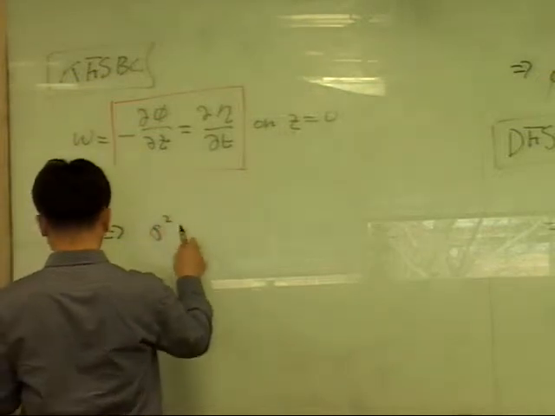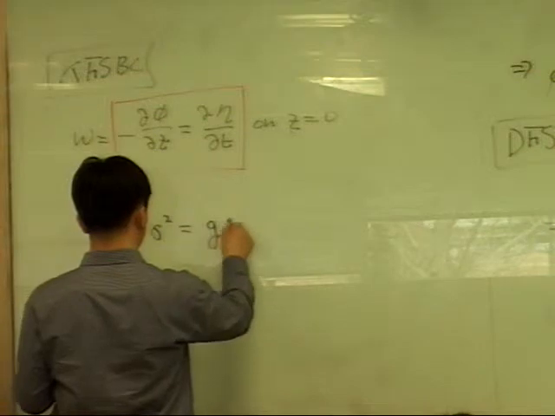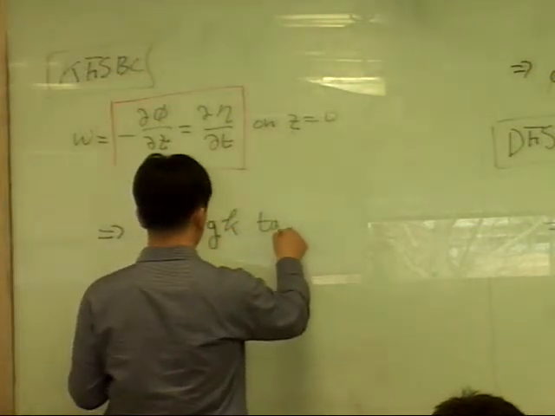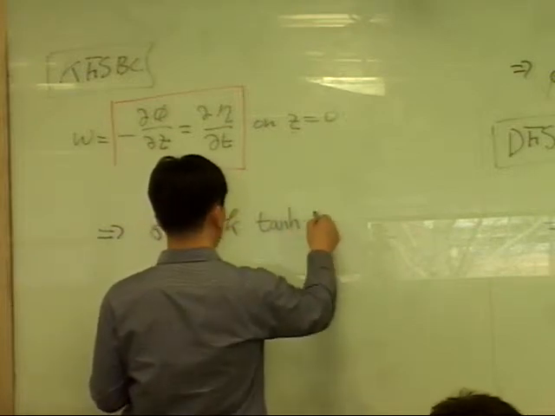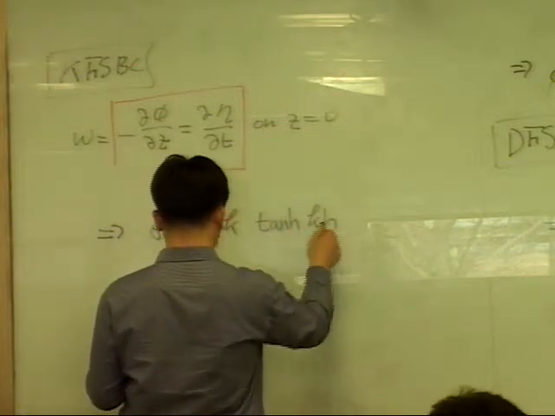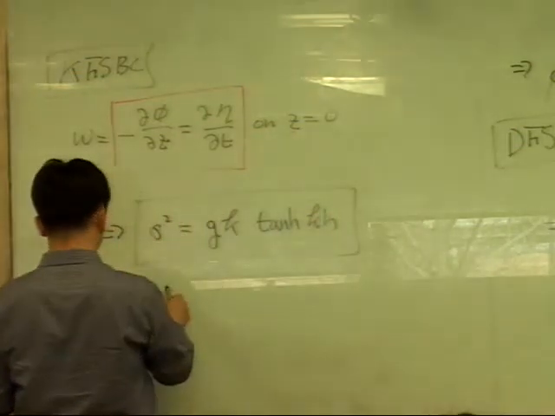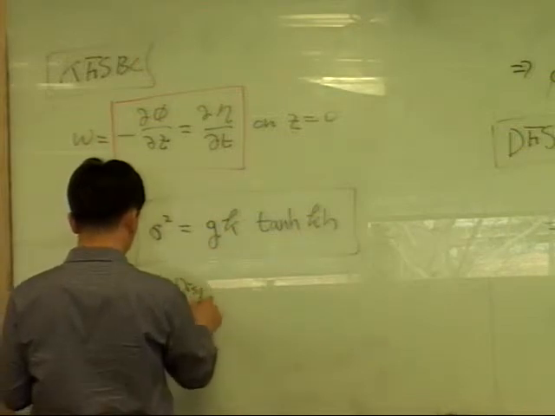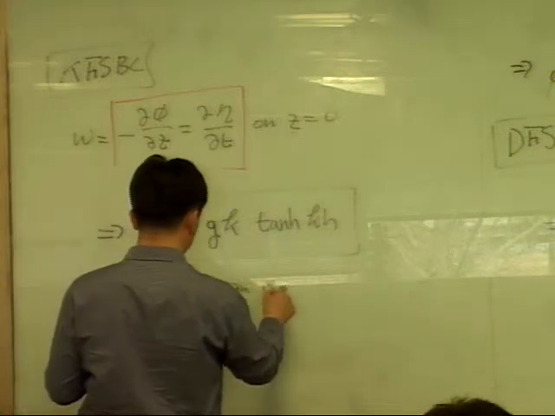Sigma squared, the frequency squared, equals g k, where k is the wave number, times hyperbolic tangent of kh. You are going to have this equation. The name of the equation is the dispersion relation.